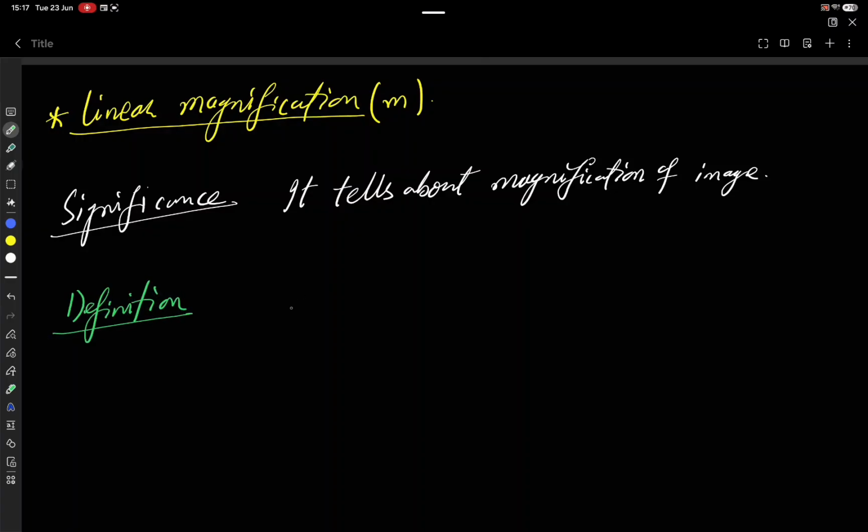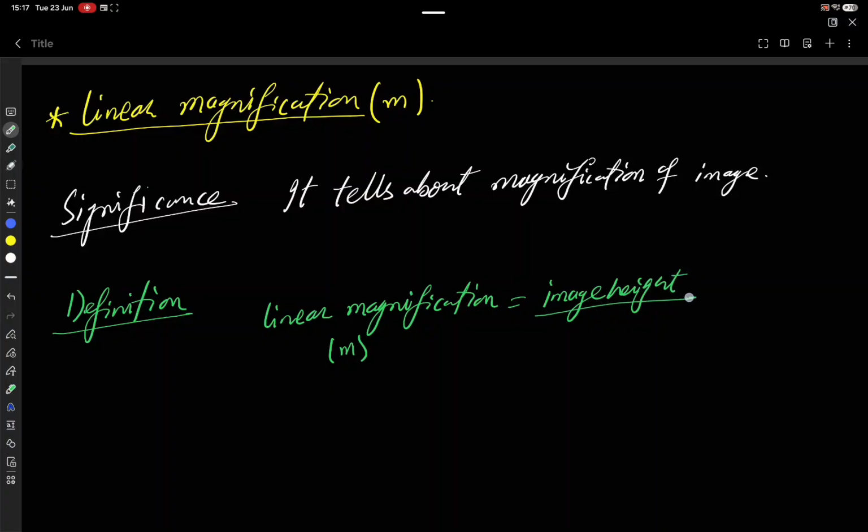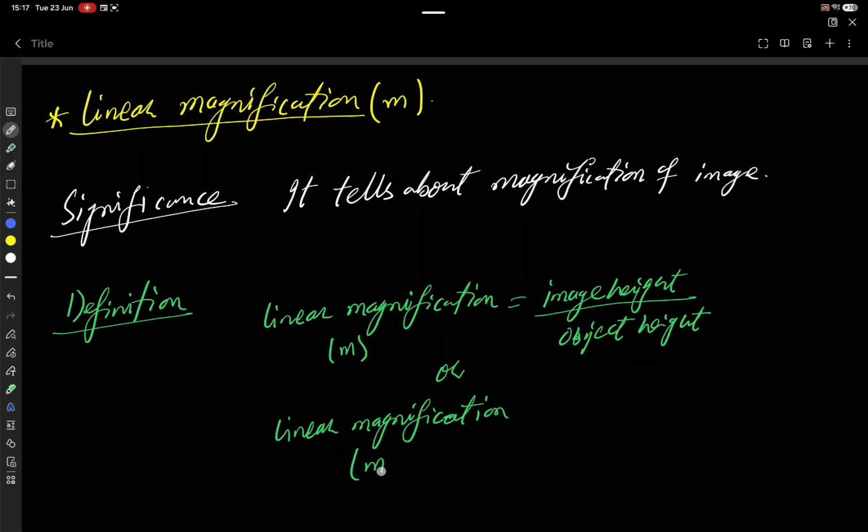What is the definition? Linear magnification is image height divided by object height, or image distance divided by object distance.